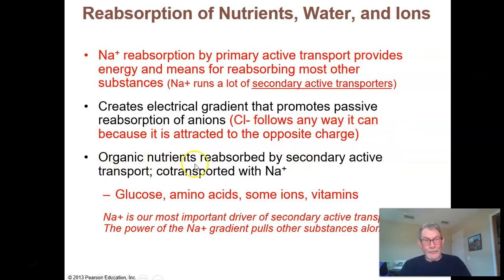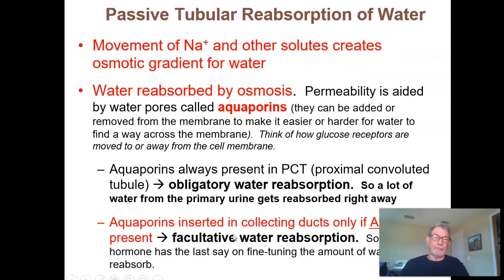Organic nutrients like glucose and amino acids are absorbed by those secondary active transporters. Some ions also. And then water gets absorbed by osmosis. So remember, we filter all this, a lot of stuff in there. We want to reabsorb most of it.